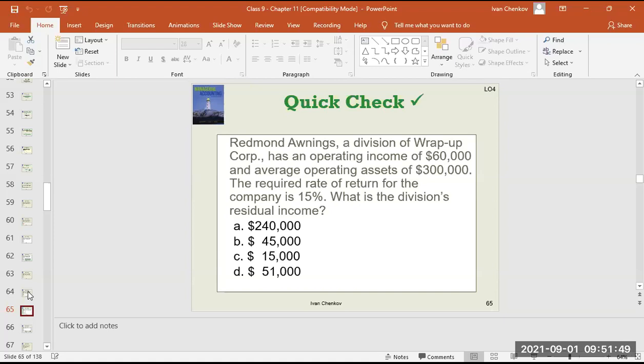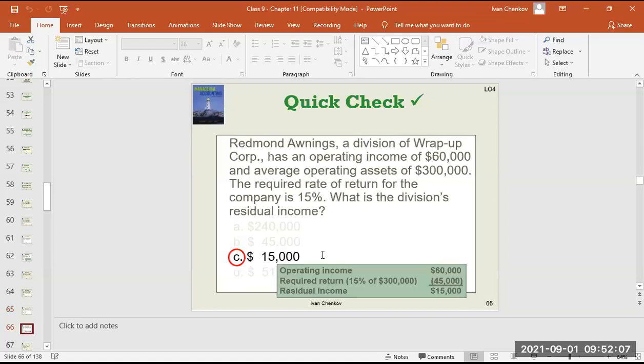But 5% times 300,000, how much is it? Because we have to express it in numbers, by dollar amount. 15,000. Makes sense for everybody?